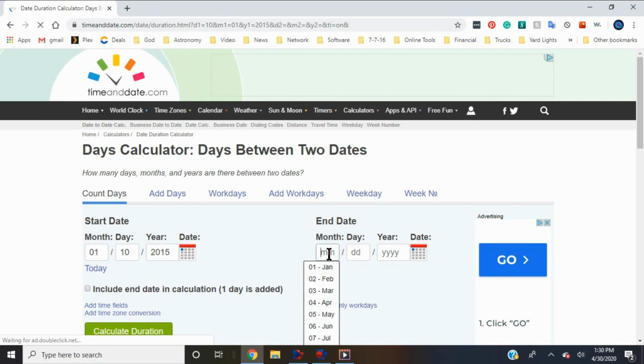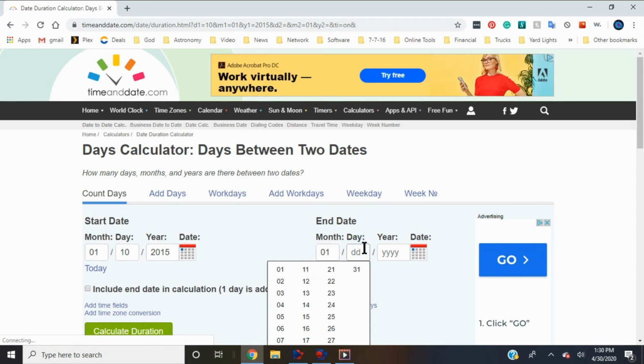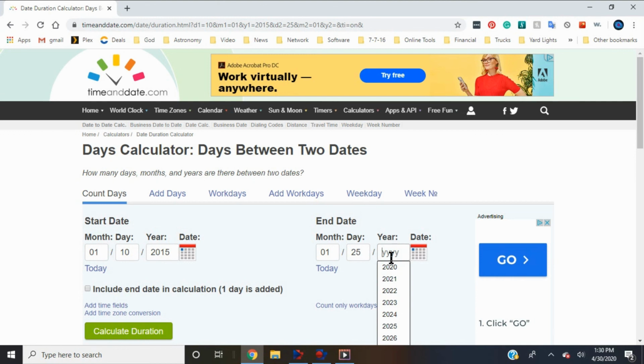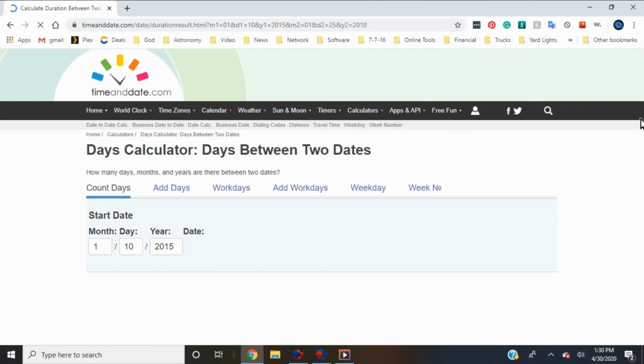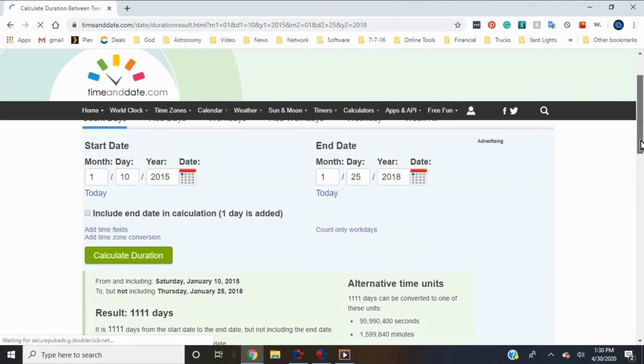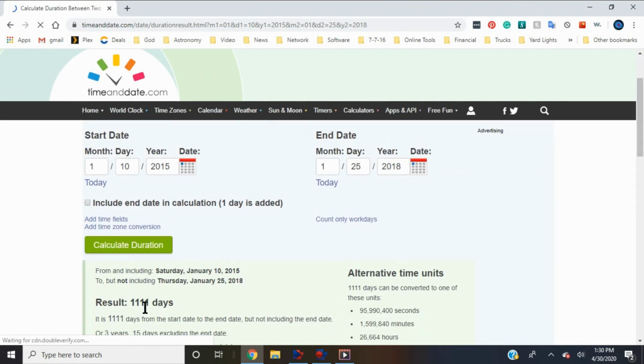So that means I'll be 44 in 2018. I'm now 46. Okay, how many days between when I passed the road marker and my birthday? 1,111 days.